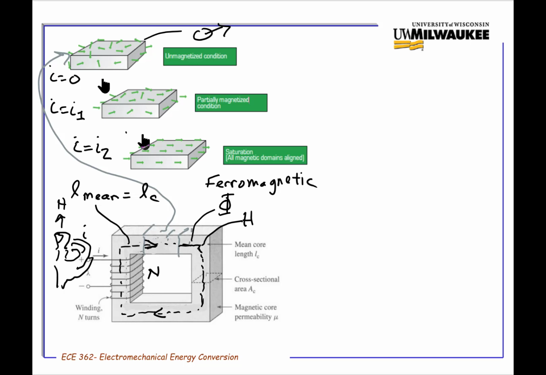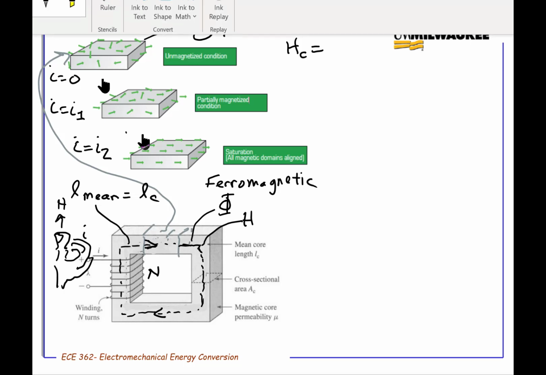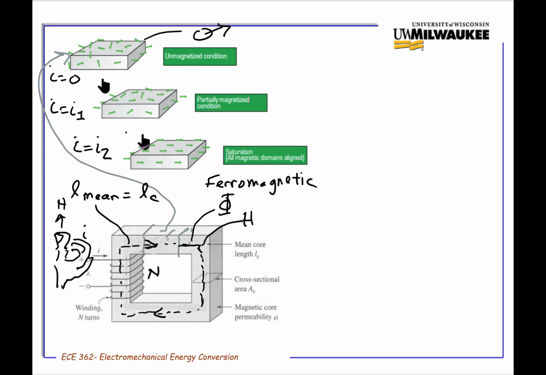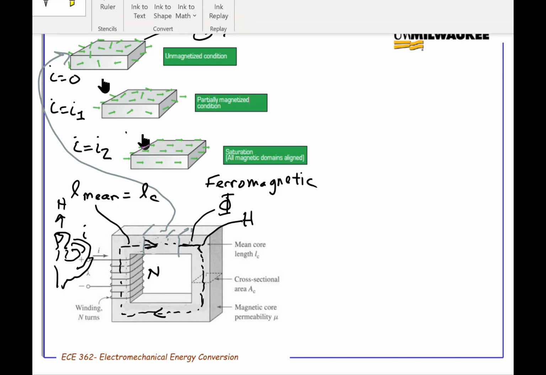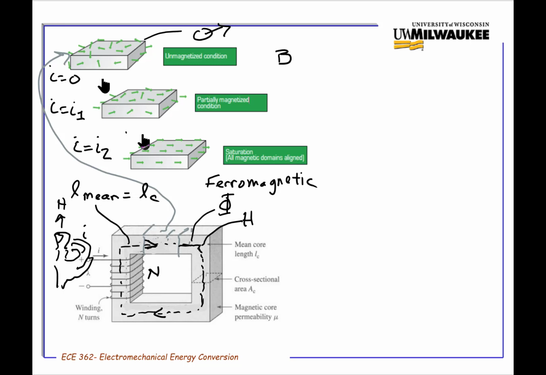So the other thing is that the H that is inside of the core, I'm not going to talk about it in terms of H, I'm going to talk about it in terms of B instead. So there's a magnetic flux density inside of the core, B. For now I'm going to call this B sub C, but we're going to eventually be dropping these subscripts.